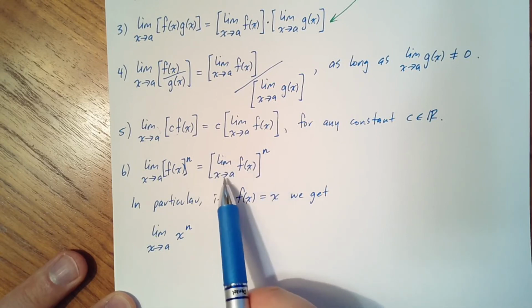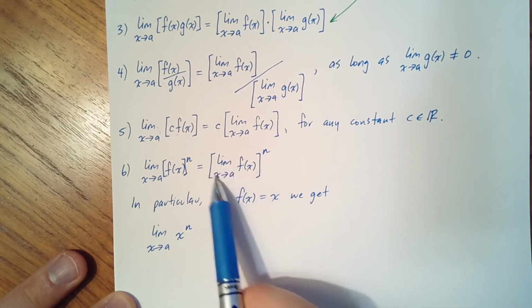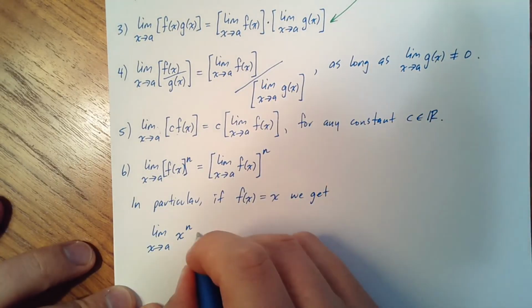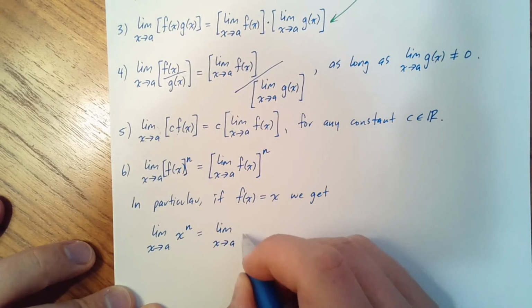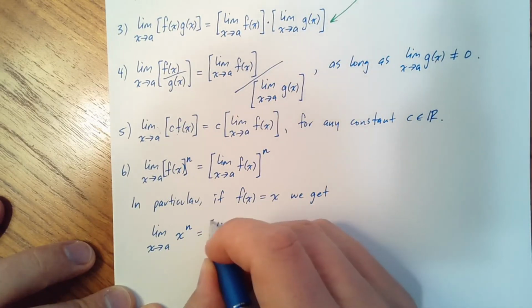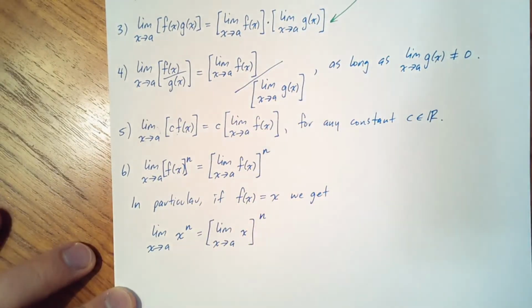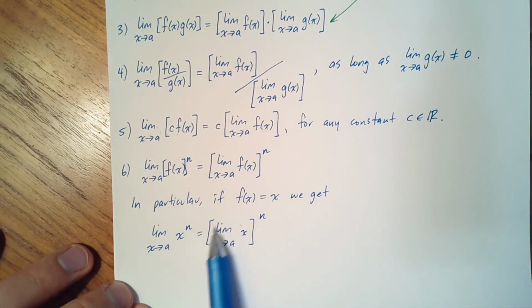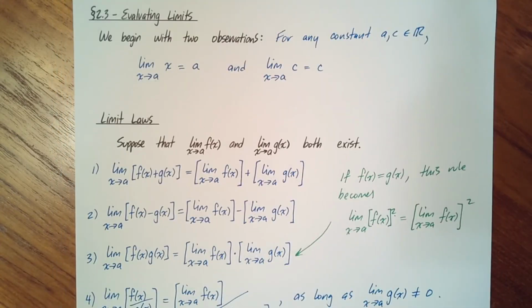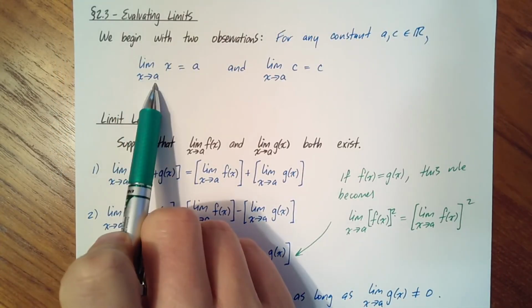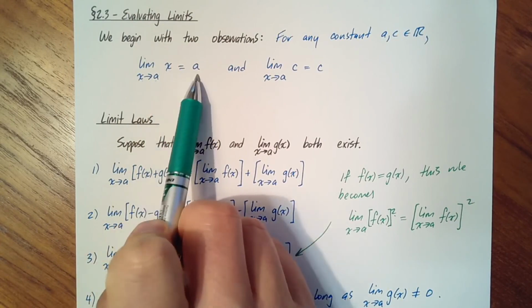I'd have the limit as x approaches a of x, all in brackets, raised to the power of n. So this is a direct application of rule number 6. But if you remember, one of our observations tells us exactly what this is, right? If you go back up to the beginning, we already mentioned that if you have the limit as x approaches a of x, you get a, right?